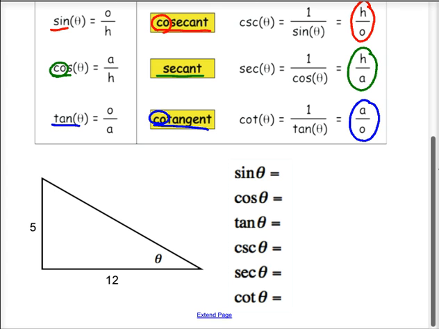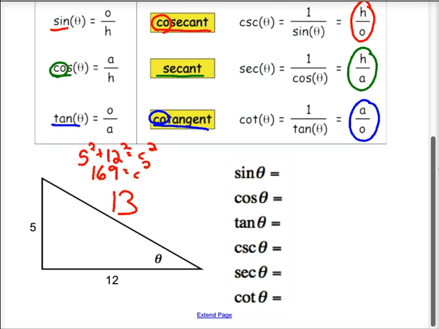So we have another triangle here. Now, we're missing a side. So remember, that means we're going to be using Pythagorean's theorem. A squared plus b squared equals c squared. Well, you type those into the calculator. 25 plus 144 is 169, which gives me 13.